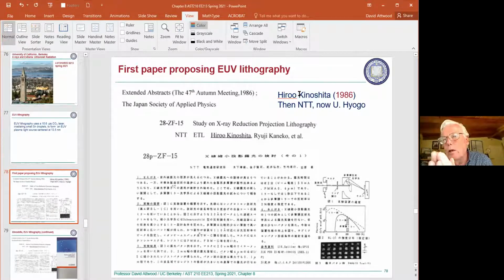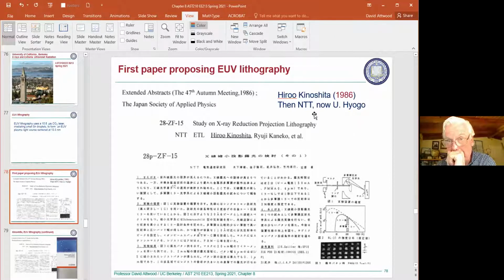People around the world, in the US and in Asia, had been working on that, and it was just failing. It was 1-to-1 magnification, which put a lot of stress on everything, and you couldn't keep it flat enough to avoid blurring.